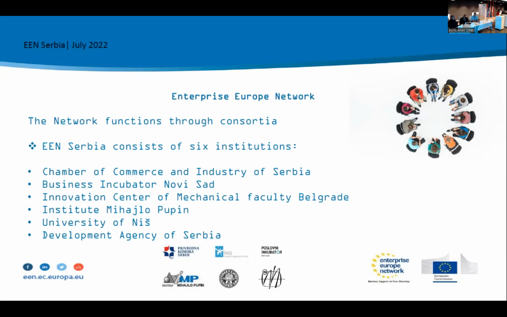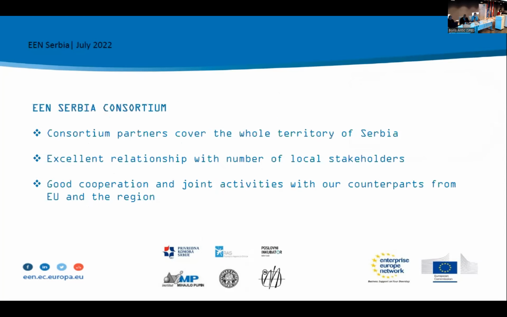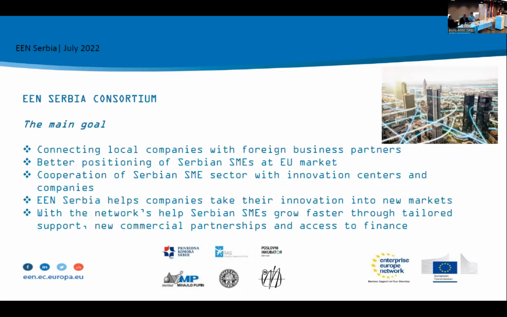The Chamber of Commerce and Industry of Serbia is the coordinator from 2016, and we have 5 more institutions involved in the consortium: Business Incubator Novi Sad, the Innovation Center of the Mechanical Faculty of Belgrade, Institute Mihailo Pupin, University of Niš, and Development Agency of Serbia. We cover the whole territory of Serbia. We have excellent relationships with a number of local stakeholders, and we have very good cooperation and joint activities with our counterparts from the EU and the region as well.